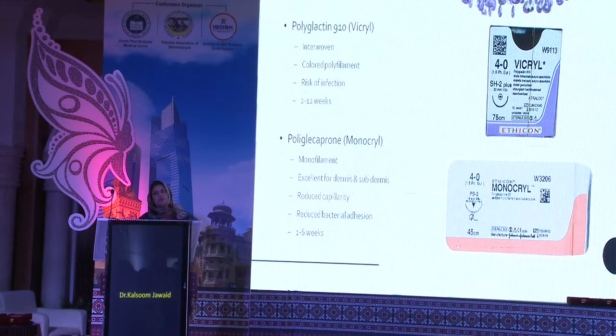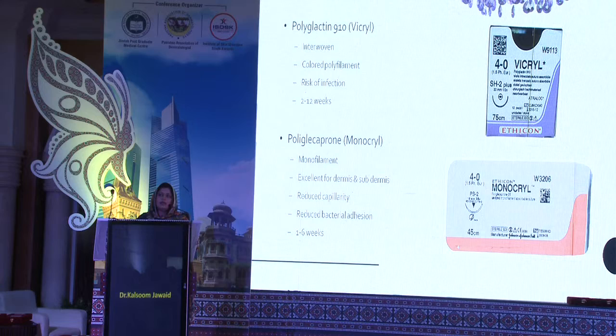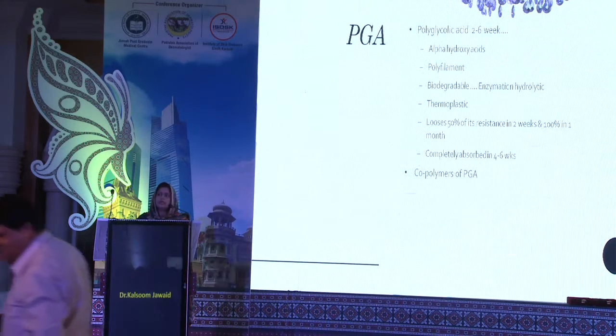It is an interwoven, colored polyfilament, but it has more risk of infection than the other threads. It gets absorbed within 2 to 12 weeks. Polyglecaprone comes with the name of Monocryl, and it's a monofilament compared to Vicryl. It is excellent for dermis and subdermis. It has reduced capillarity and reduced bacterial adhesion, but it gets absorbed within 1 to 6 weeks only.